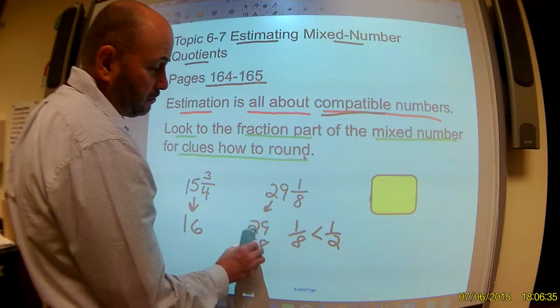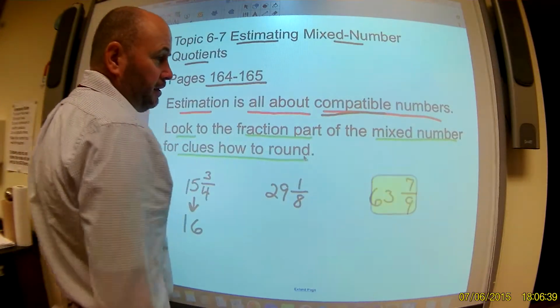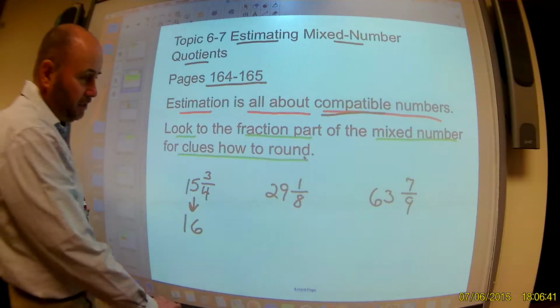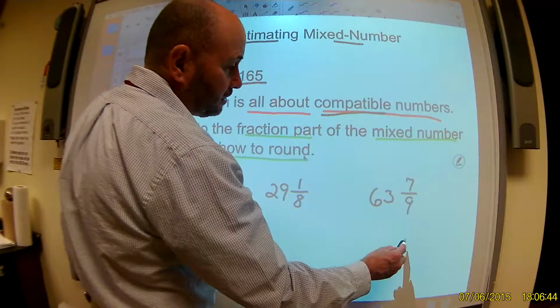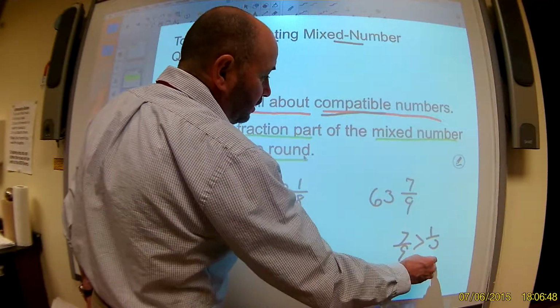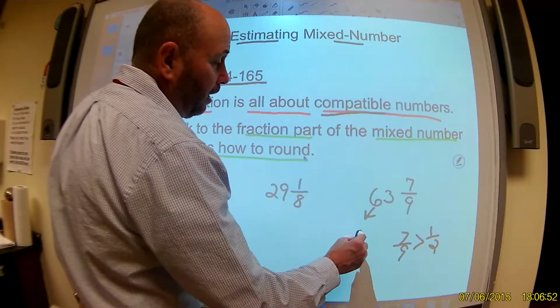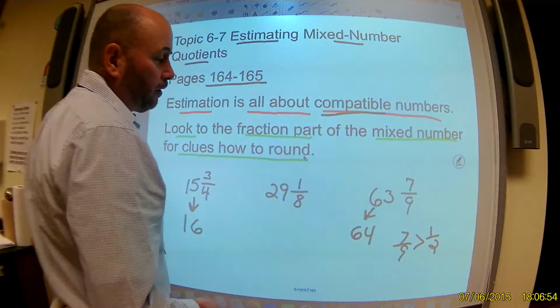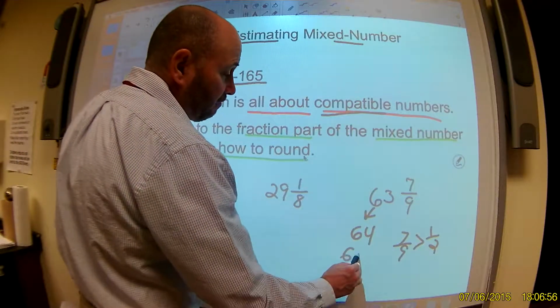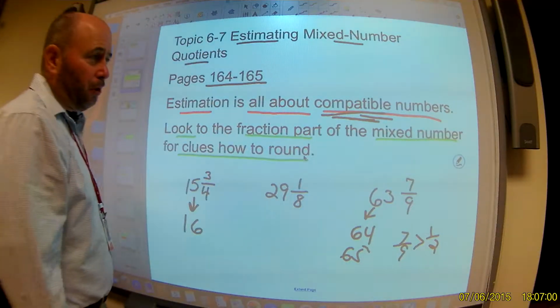The next example is 63 7/9. Again, 7/9 is greater than a half, so you'd probably want to round that up to 64, or you could even take it to 65 depending on the compatibility with other numbers in your problem.